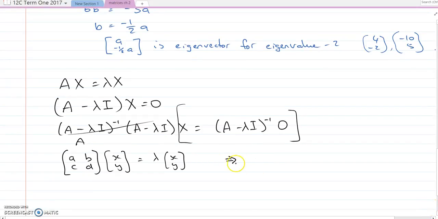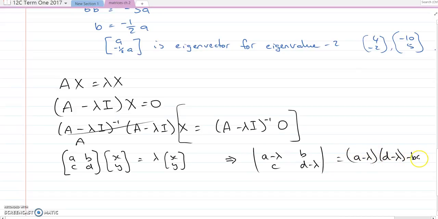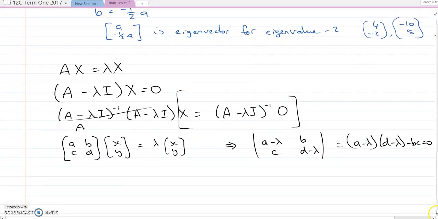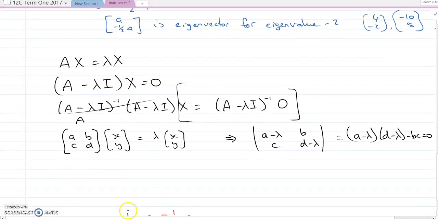Of course, the determinant thing is going to be: we're going to have A minus lambda, B, C, D minus lambda. It's going to be (A minus lambda) times (D minus lambda) minus BC equals 0. Okay, this is what we're trying to prove here, that the determinant is 0.